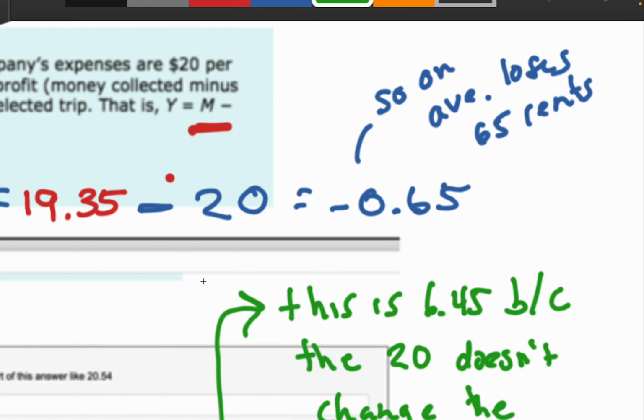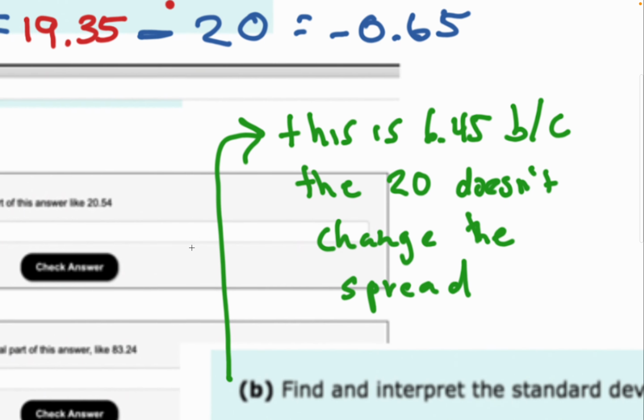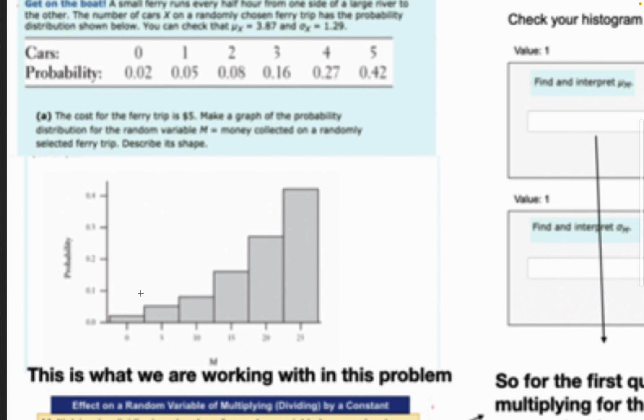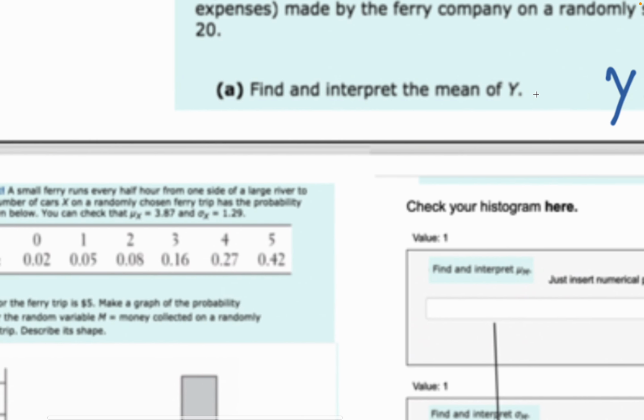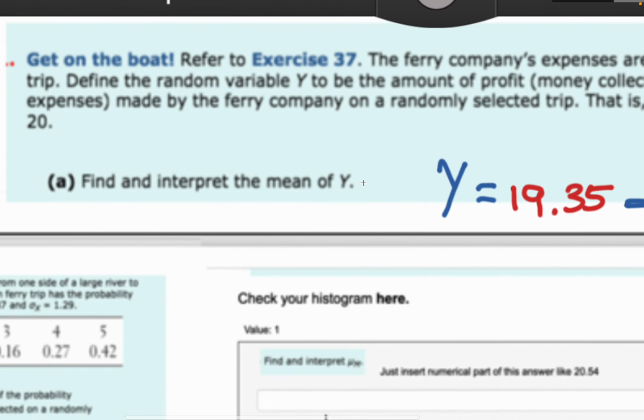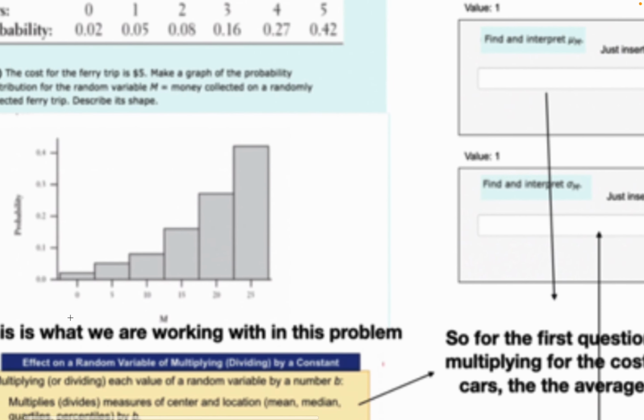All right, now the standard deviation. Does the standard deviation actually change? Does this 20 change the actual spread? If we graph this, putting in this minus 20, are we changing the actual shape of this distribution? If we change the shape, then the spread's going to change.